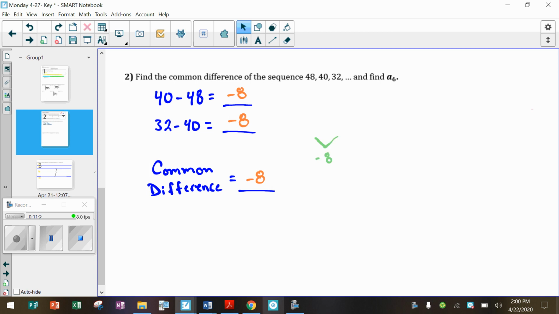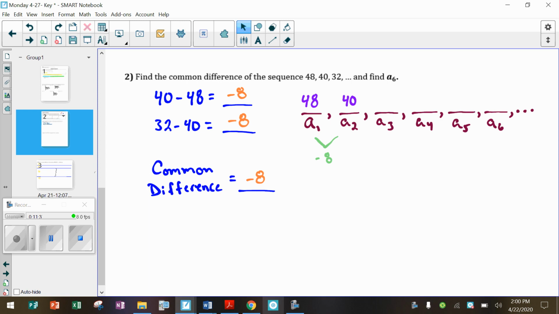We're looking for the sixth term in our list. A1 was given as 48. A2 was given as 40, which confirms our common difference. A3 was given as 32, which again confirms our common difference. So now we just keep continuing that pattern, keep subtracting 8, and eventually we get to the sixth term. So A sub 6 is the number 8.